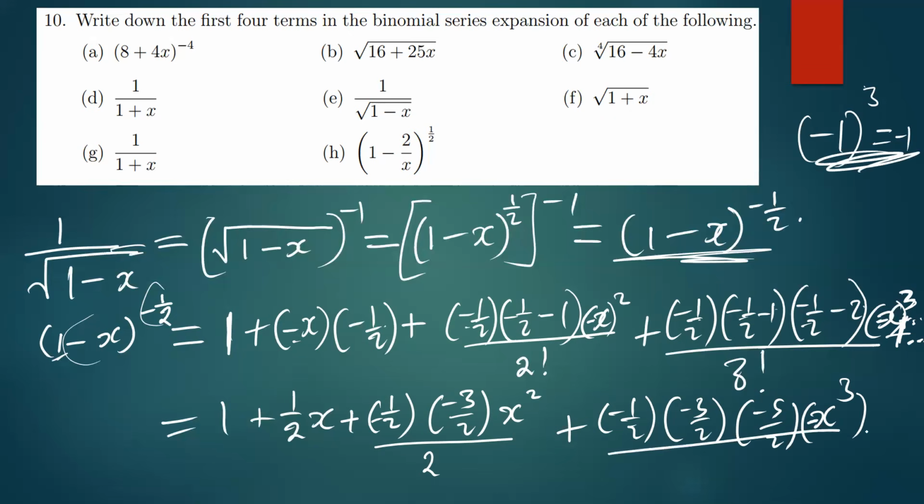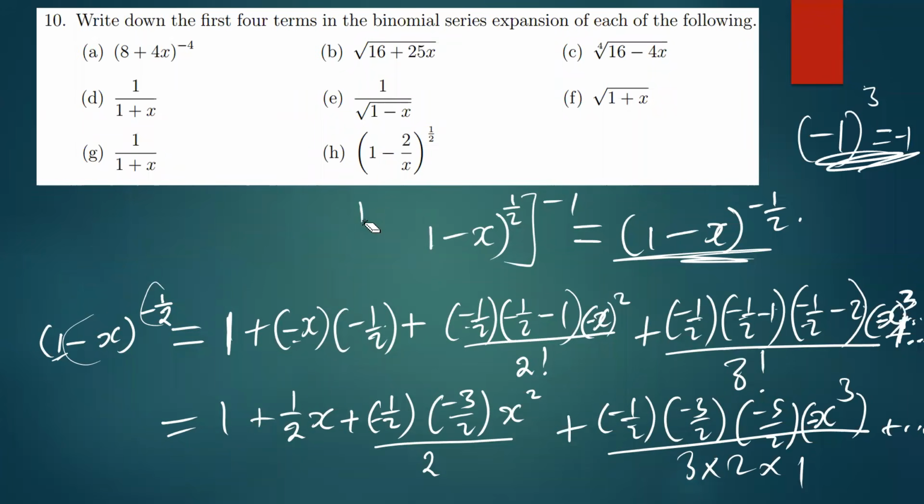Okay, then everything is being divided by 3 times 2 times 1. Then say plus dot dot dot. So it's just a matter of simplifying here. So we simplify to get the final solution.